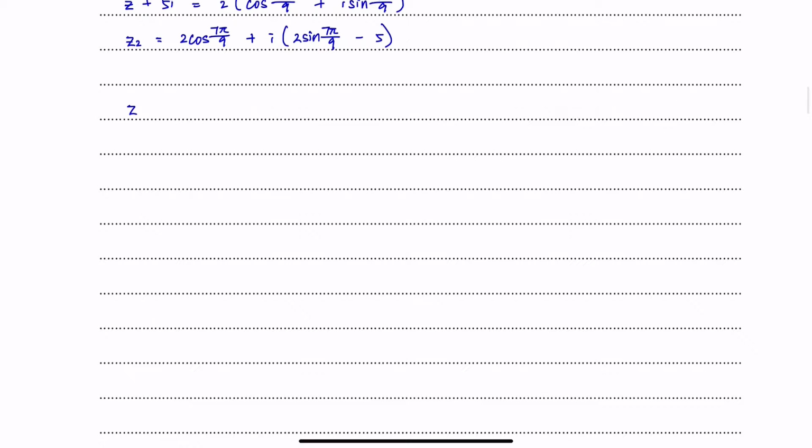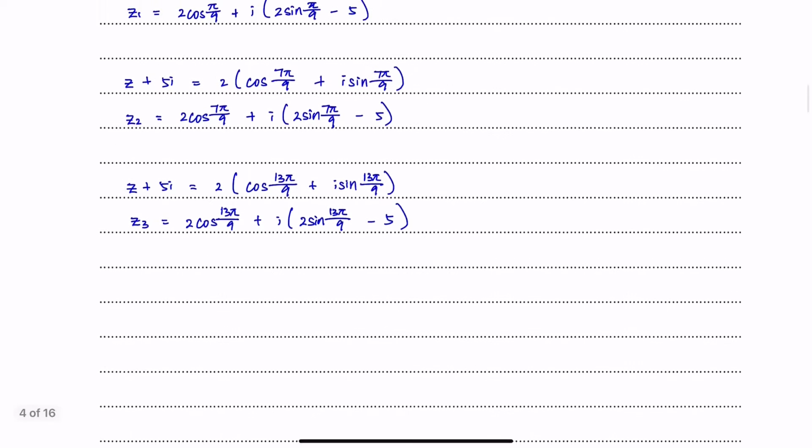And for the third one, you get z plus 5i equals 2 times cos 13 pi over 9 plus i sine 13 pi over 9, and the third root would be 2 cos 13 pi over 9 plus i times 2 sine 13 pi over 9 minus 5.